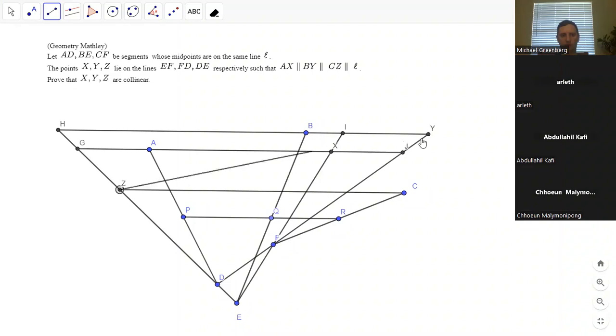Let's see. I think everything with Menelaus can be proved instead using like cross ratios. So if we want to show X, Y, and Z are collinear, can we project through anything?